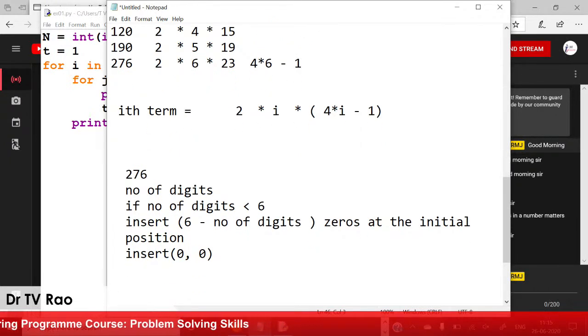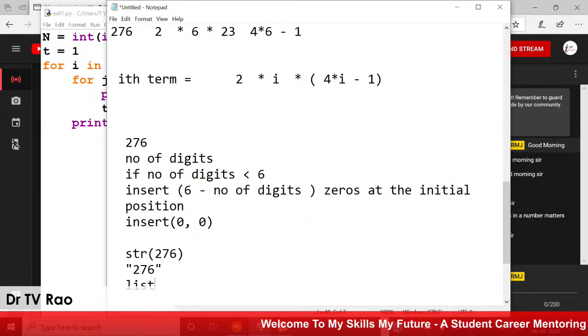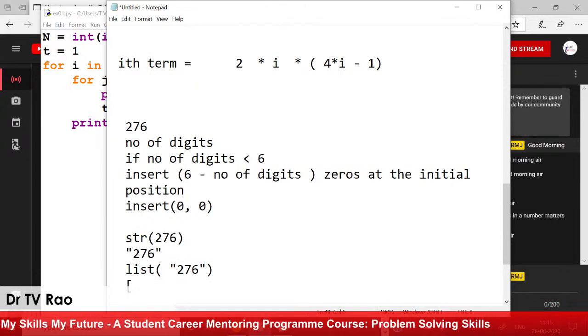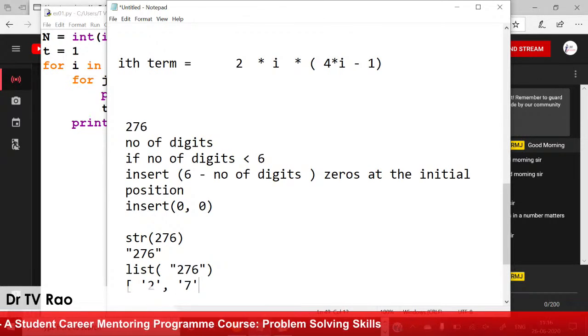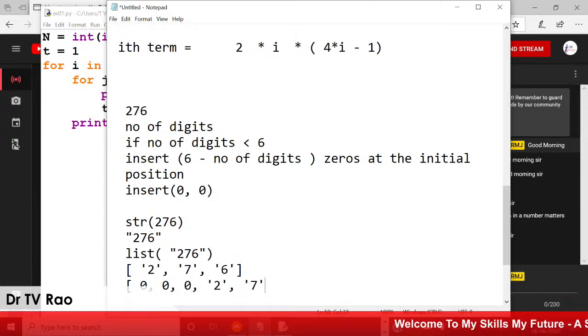Is this clear? How to count number of digits? First you convert the number into a string, and then once it becomes a string, okay, you make it a list. Okay, by making it a list, you get digits as strings separately. And then you insert zeros.